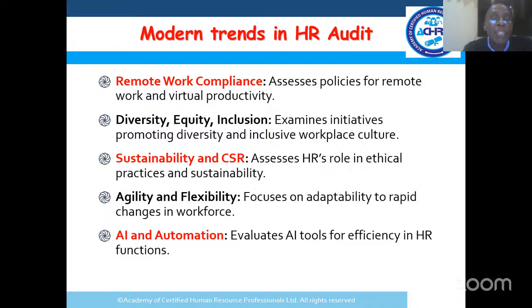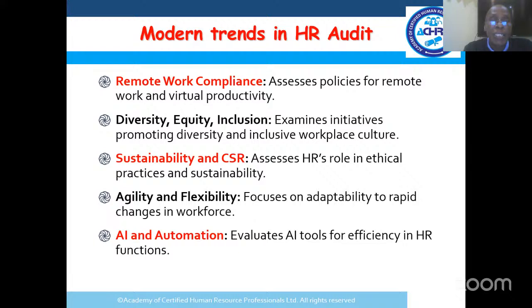So as HR managers, this is an emerging issue. And then when we are auditing our systems, we look at how responsive we are to our environment and what it is that we can do to create a good working relationship between our organizations and the community around which we work.